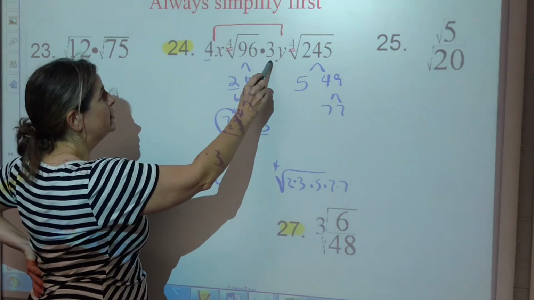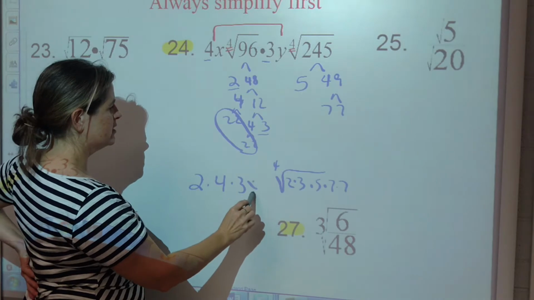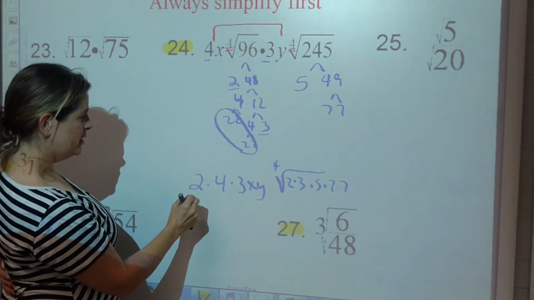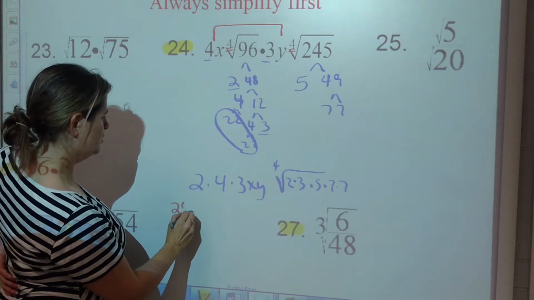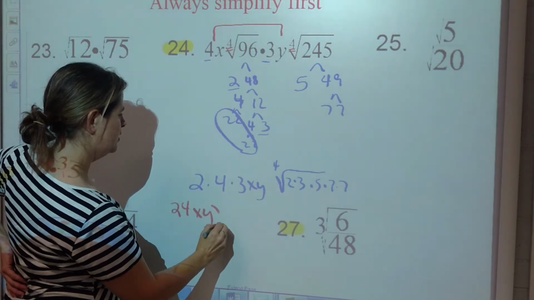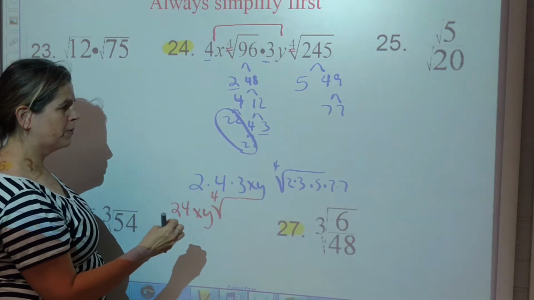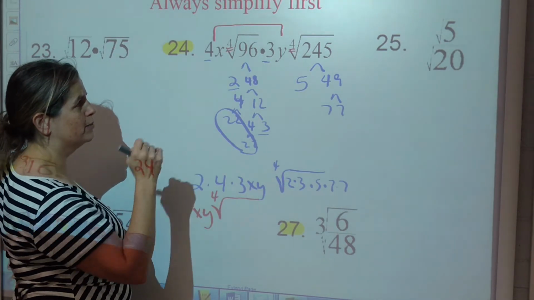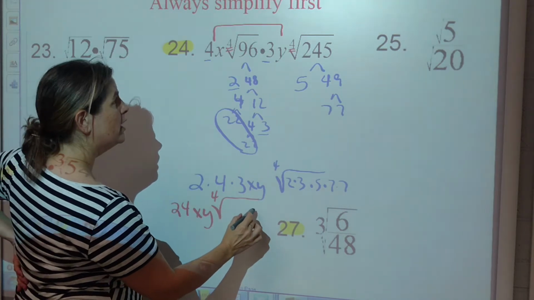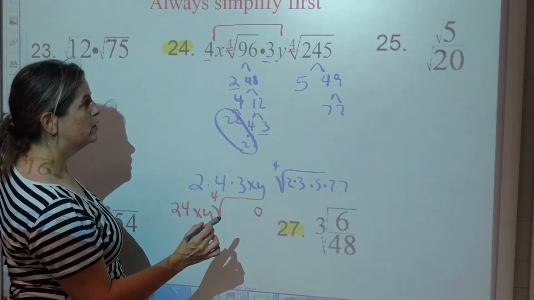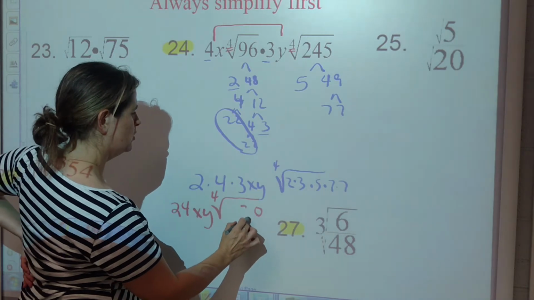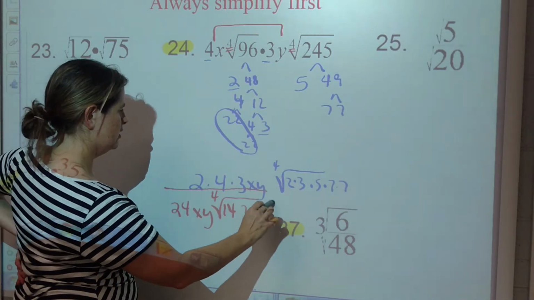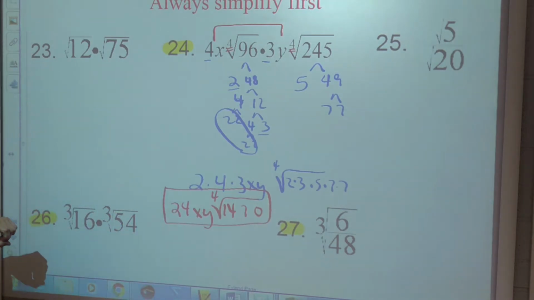Outside I've got both of my numbers, and then I'll have an x and a y left. So final answer, we're going to multiply these, so that looks like that's 24 xy fourth root, and we're going to multiply all of that back, so that's actually going to be 6 times 245. That's going to be 3, 6 times 4. I believe that's 1470. Right?